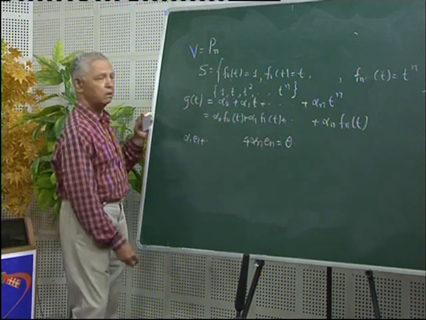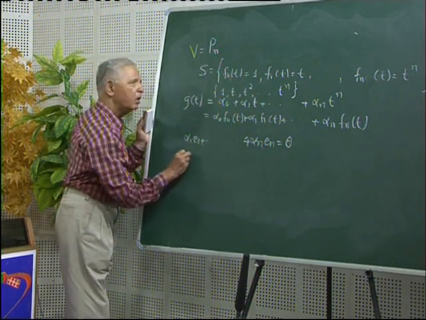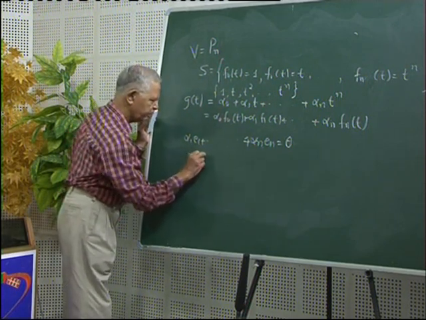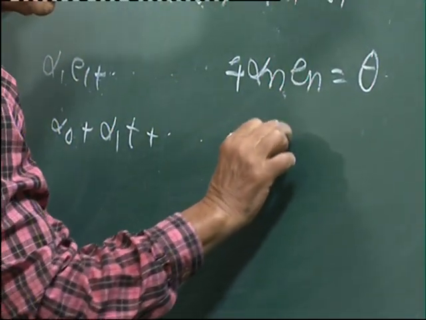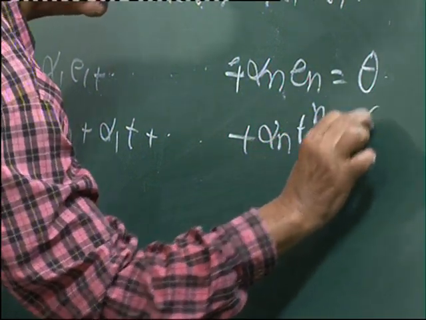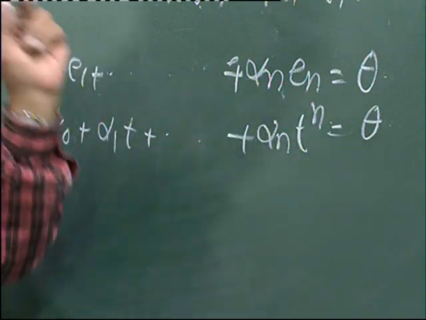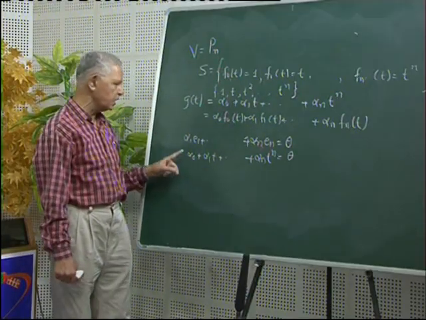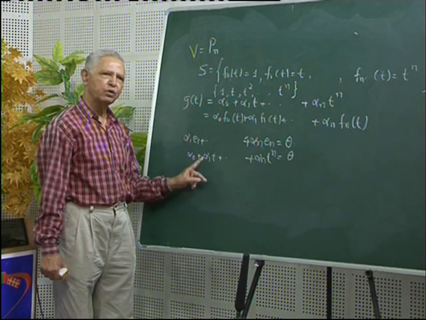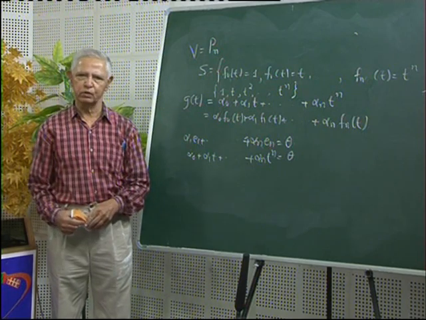Same thing: whenever the polynomial alpha 0 plus alpha 1 t plus ... plus alpha n t raised to n is equal to the zero polynomial, then using the definition of the zero polynomial and comparing coefficients on both sides, we get alpha 0 equal to 0, alpha 1 equal to 0, and alpha n equal to 0.